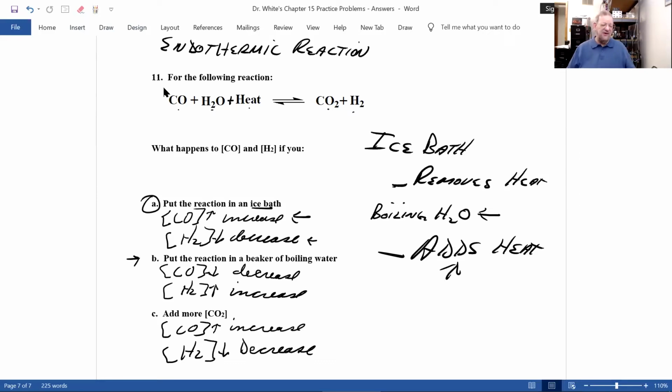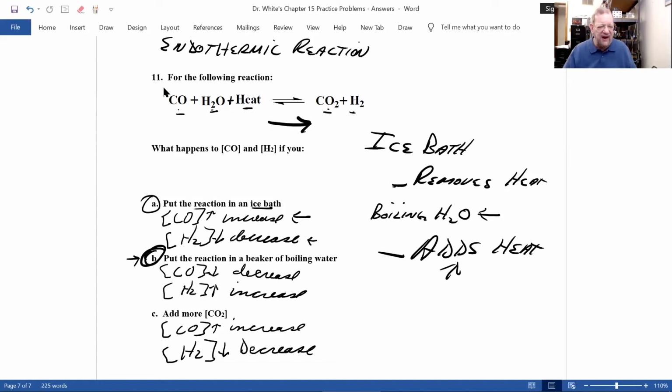And the equilibrium says, oh no, we have too much heat. We've got to get rid of it. Remember, we're doing B now. And therefore, how does it get rid of the excess heat? It reacts water and carbon monoxide to make more CO2 and hydrogen.